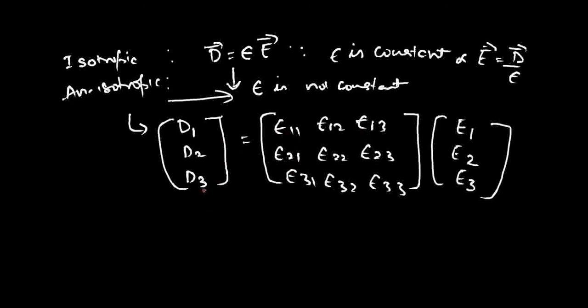So 1, 2, 3 can be considered as x, y and z directions. So it is like xx, xy, xz, similarly yx, yy, yz, zx, zy, zz.